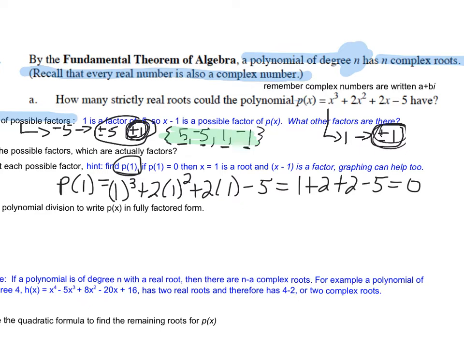So if p of 1 equals 0, then x equaling 1 is a root, and x minus 1 is a factor. And you probably found that by graphing.